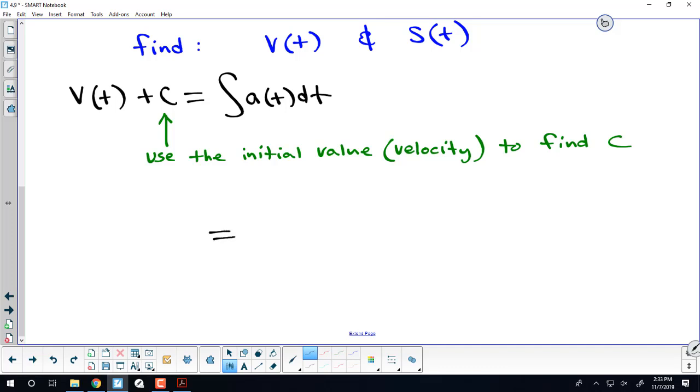And then once I find the velocity function, how would I get the position function? Take the antiderivative. So the antiderivative of our velocity function is equal to the position function.